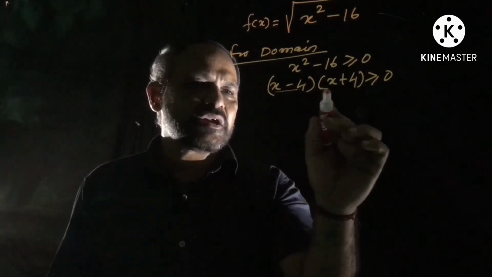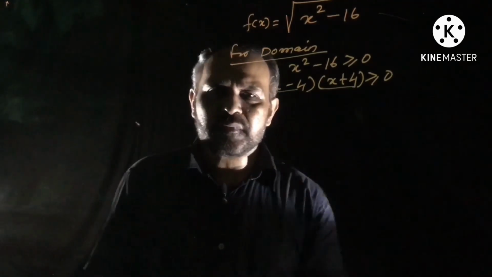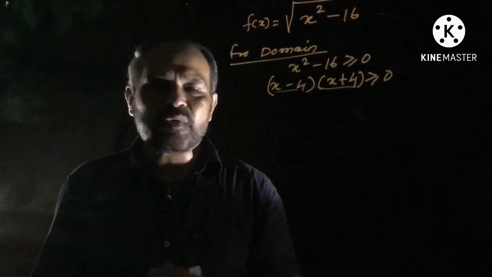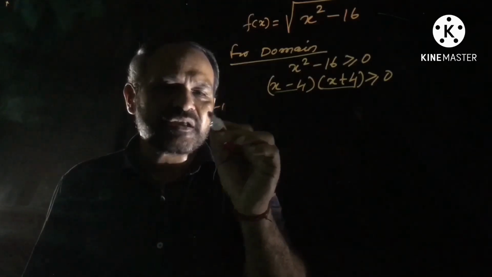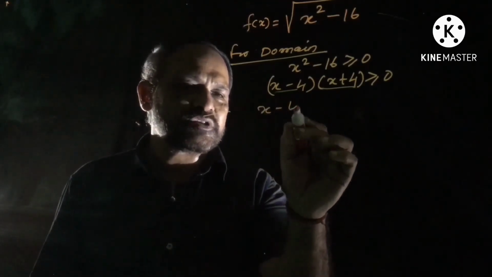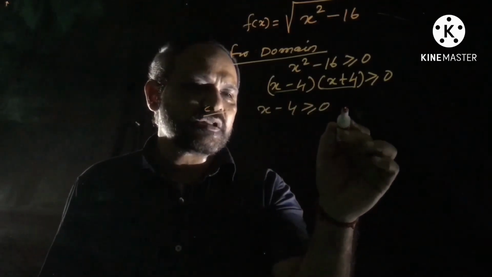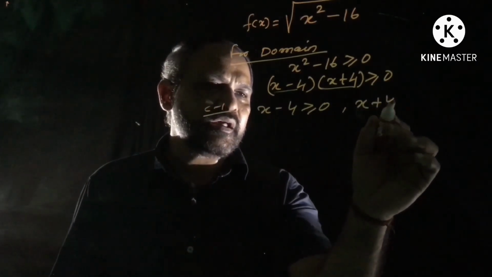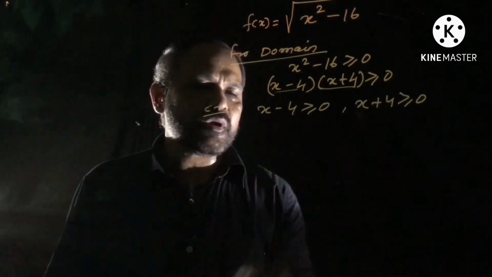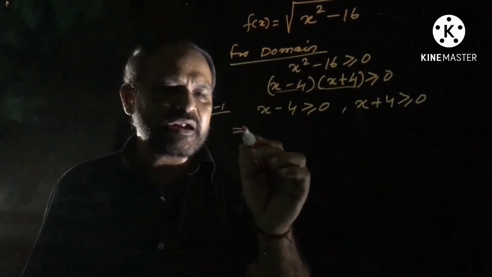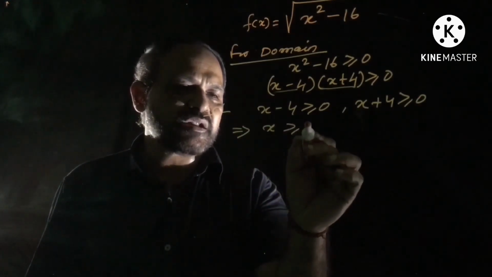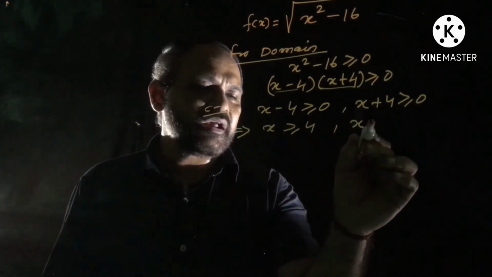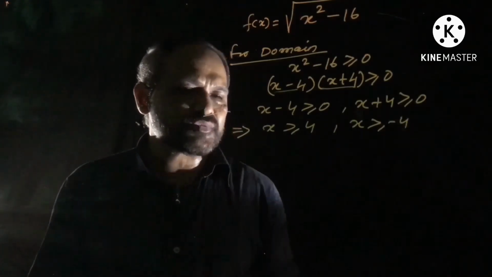When the multiplication of two numbers is positive, both have the same sign. In the first case, both are positive: x minus 4 greater than or equal to 0 and x plus 4 greater than or equal to 0. We can write this as x greater than or equal to 4 and x greater than or equal to minus 4.